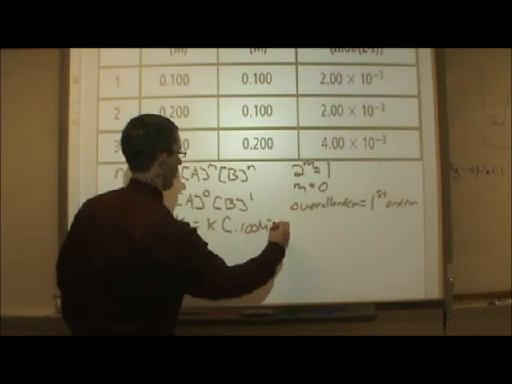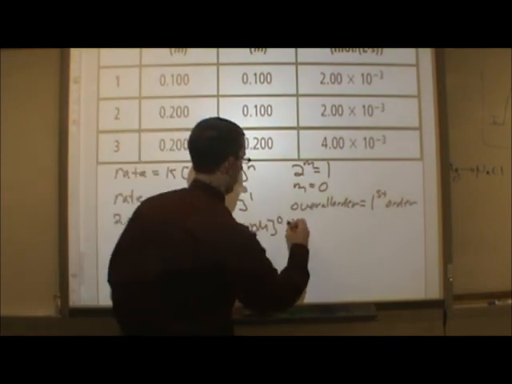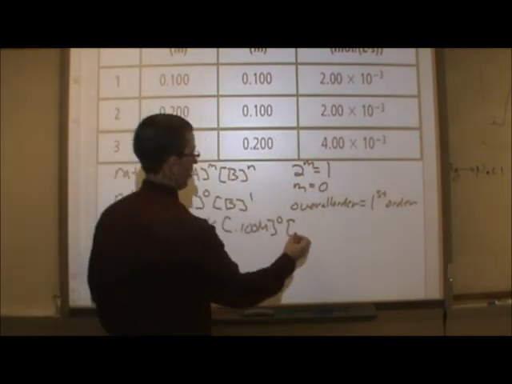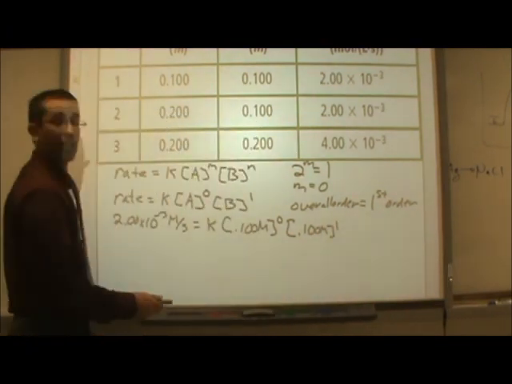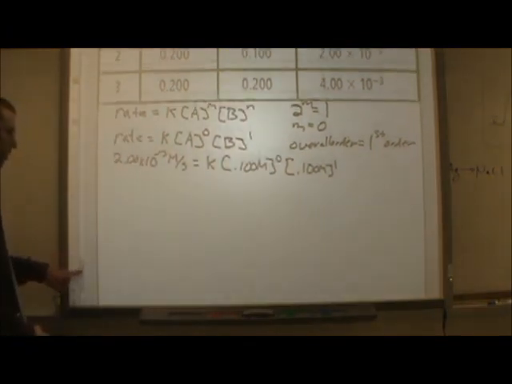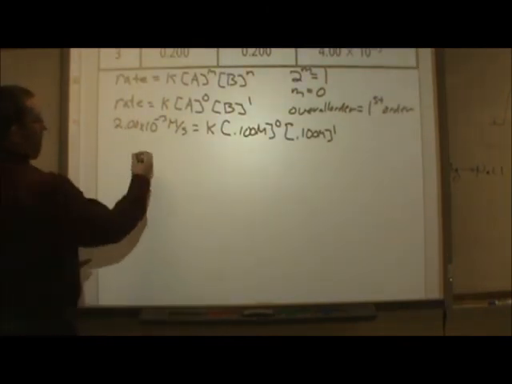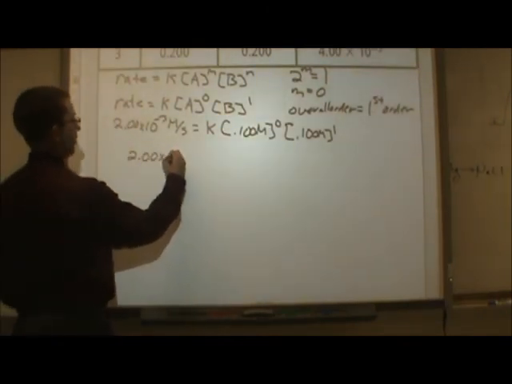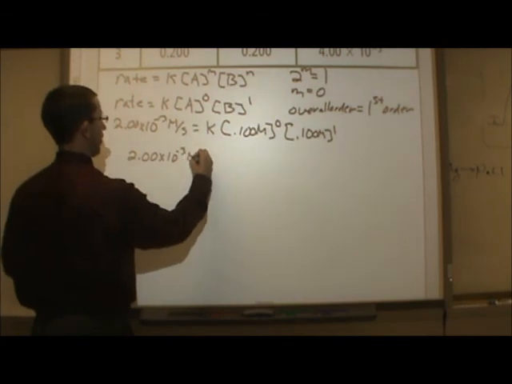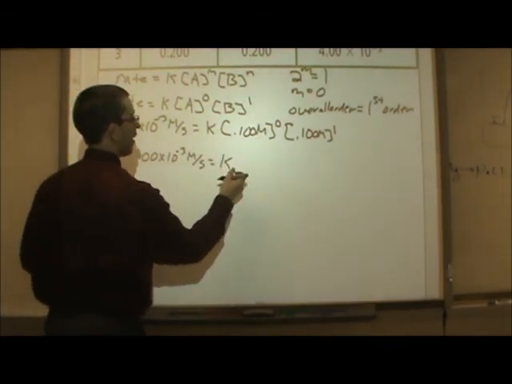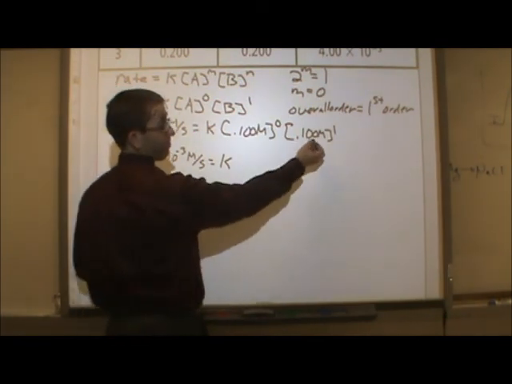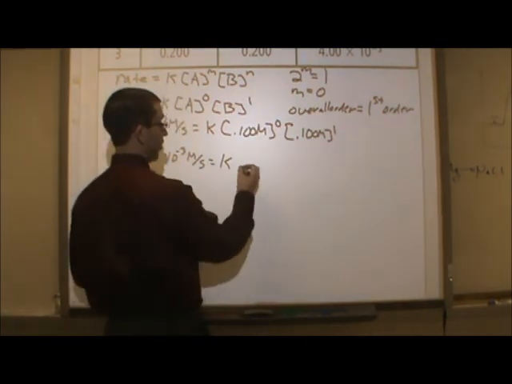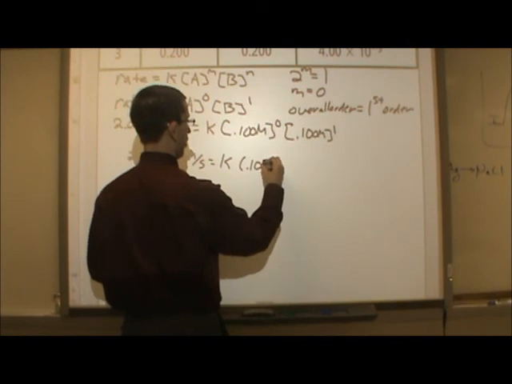0.100 molar to the 0 power times 0.100 molar to the first power. I like this one. This doesn't take much calculation. So 2.00 times 10 to the negative third molarity per second is equal to K. This is going to be 1. Anything to the 0 power is 1, times anything to the first power is itself. So, times 0.100 molar.